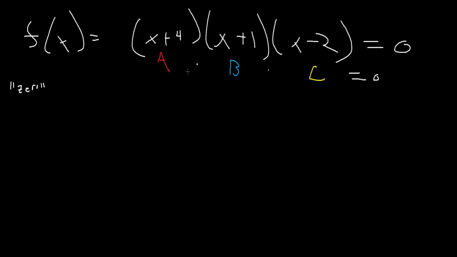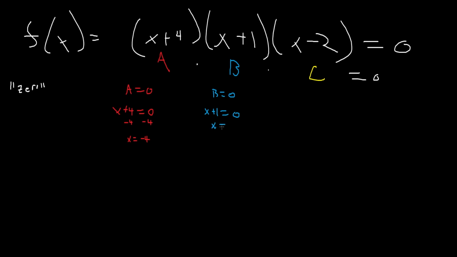So I'm going to set each of these equal to 0 and see what happens. I've got x plus 4 equals 0. By that logic, if I subtract 4 on both sides, x is negative 4. All right, cool. Then if I do the same over here, I set B equal to 0, then x plus 1 equals 0.